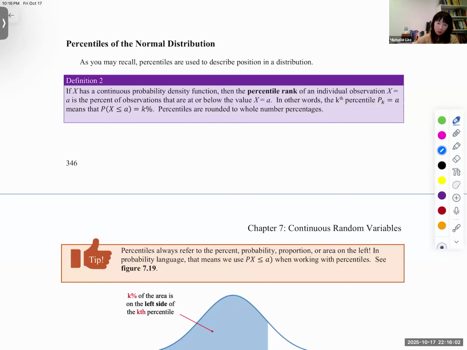Okay. So we have a percentile with a normal distribution. What we had before as a percentile, think of percentage.